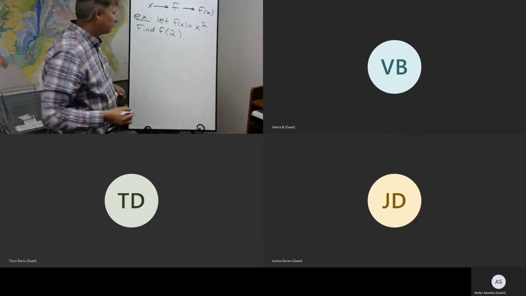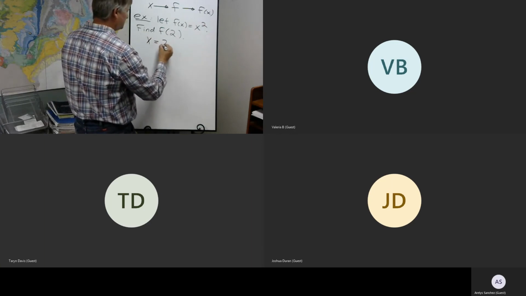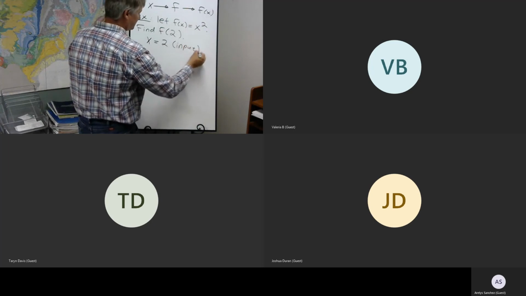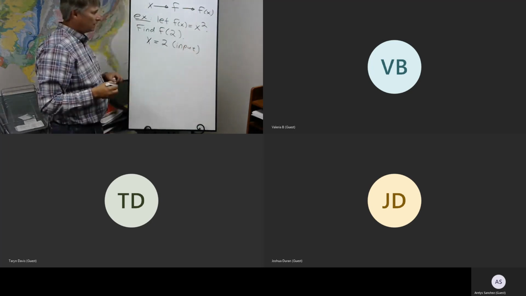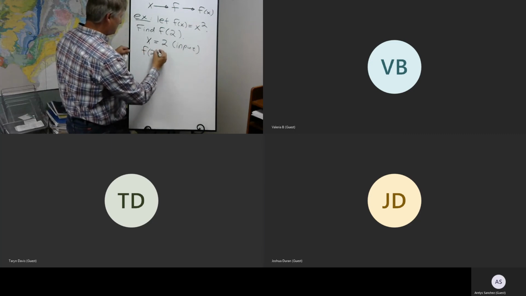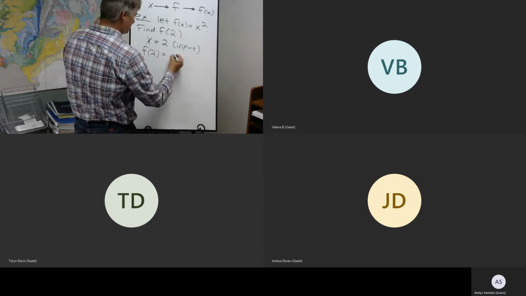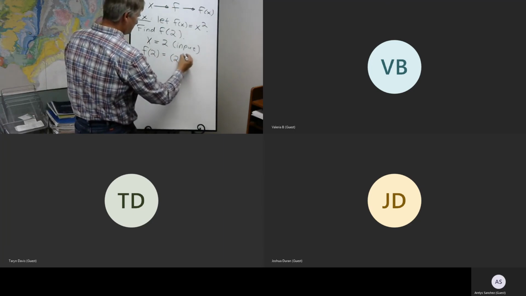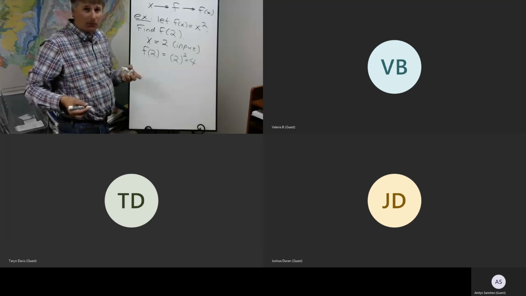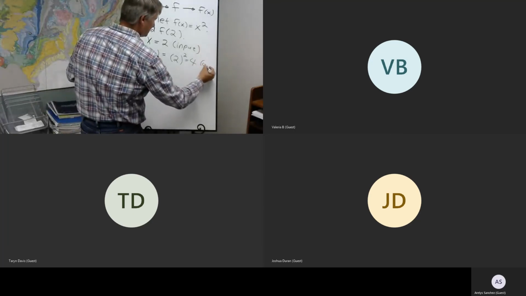Well, what this means is that x is equal to 2, or this is going to be our input. Then our output is going to be f of 2. We replace all the x's with 2, which will be 2 squared, which equals 4. 2 squared means 2 times 2. So that's going to be 4. And this is our output.